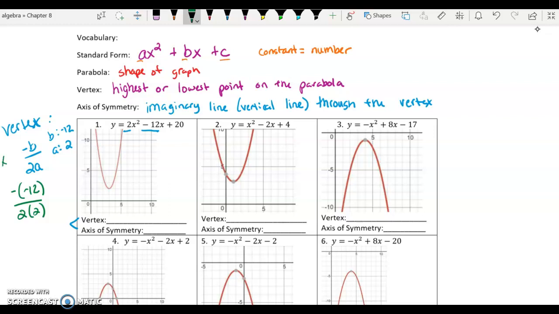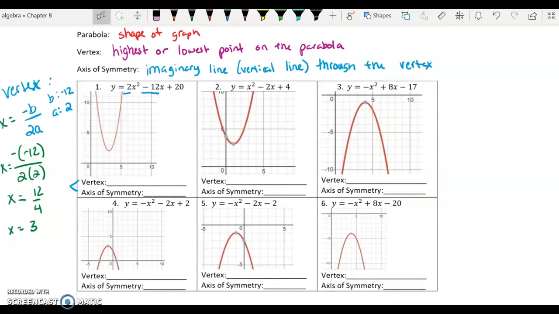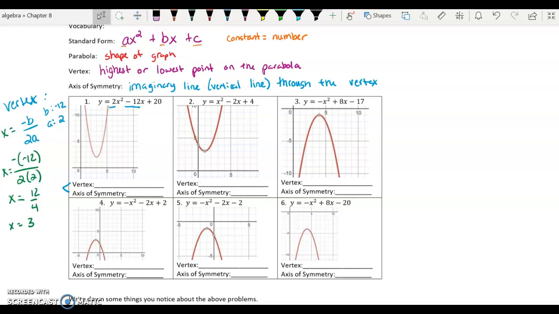And this is going to be x equals. So we're just talking about the x value. So whenever I solve it, I get x equals a positive 12 over 4, x equals 3. So your vertex, the x value is 3. To solve for the y value, you're going to take that 3 and plug it in for the x's in your equation and solve.